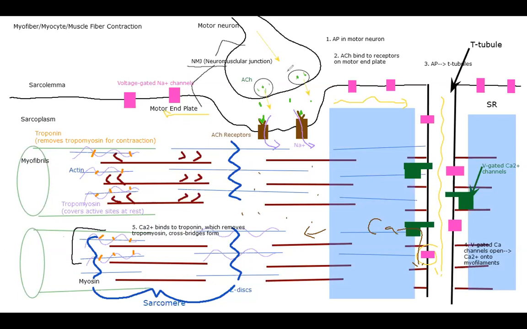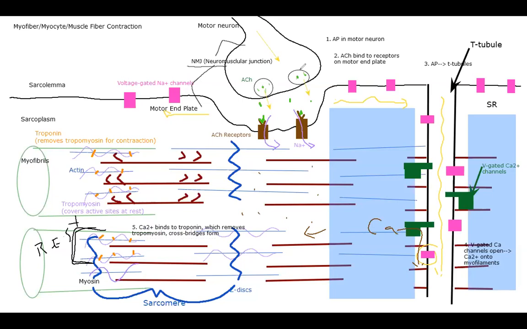All of this, right, is at rest. Oh gosh, sorry. So all of that is at rest. Now that there is calcium here, essentially the tropomyosin is going to be rolled out of the way.